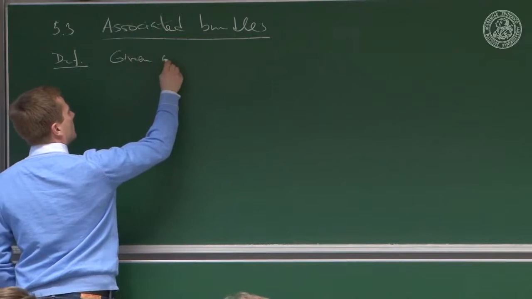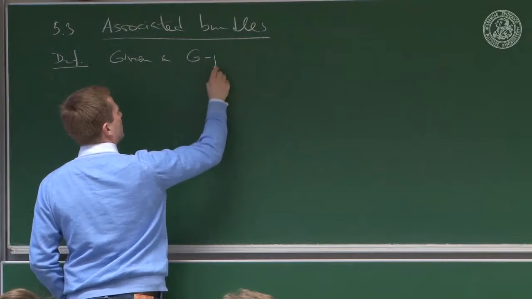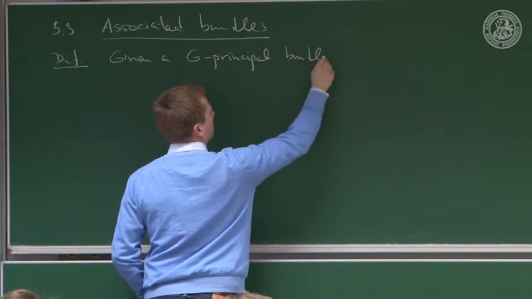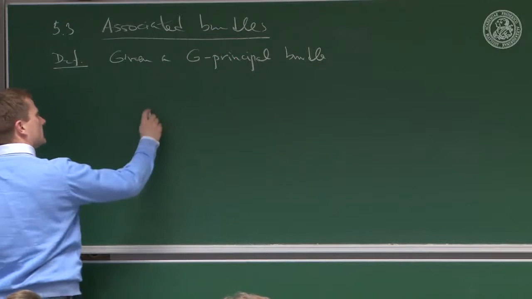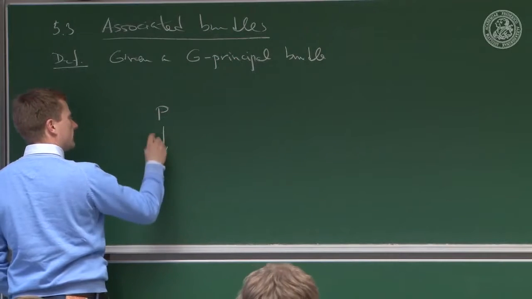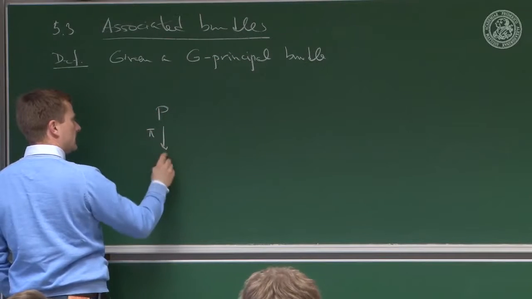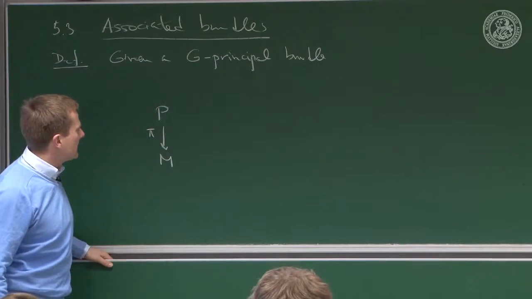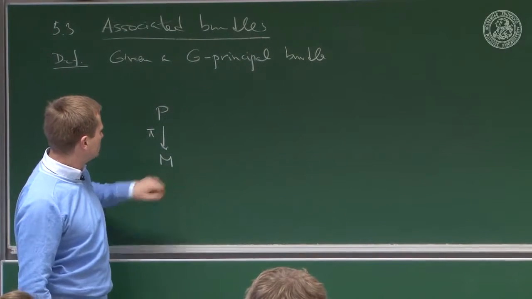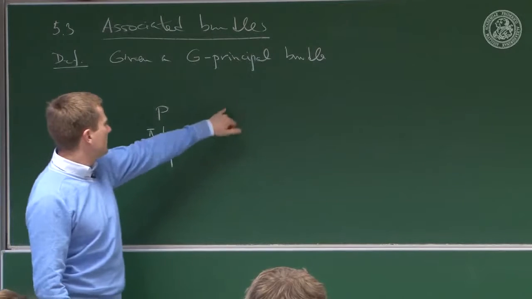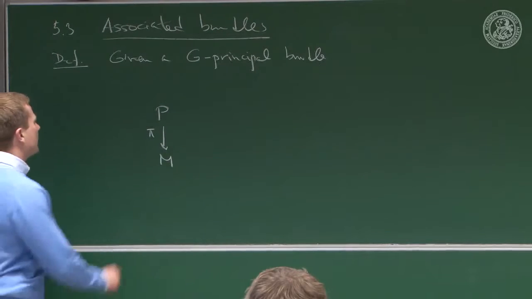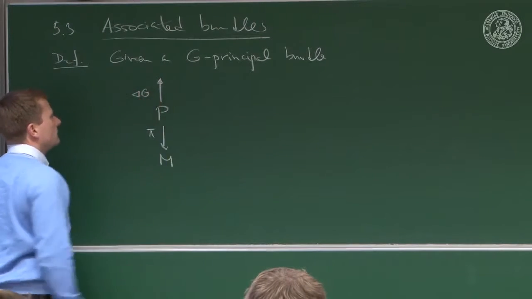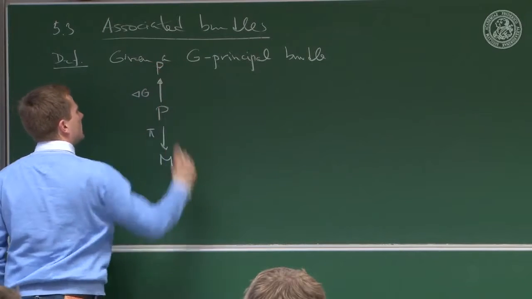Given a G principal bundle, and you remember that a principal bundle is first and foremost a bundle π down to M, which as a bundle is isomorphic to P down to P mod G, and that there is a right action of a Lie group G on the total space here.